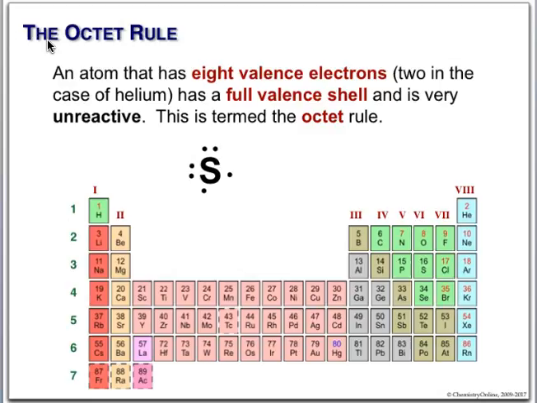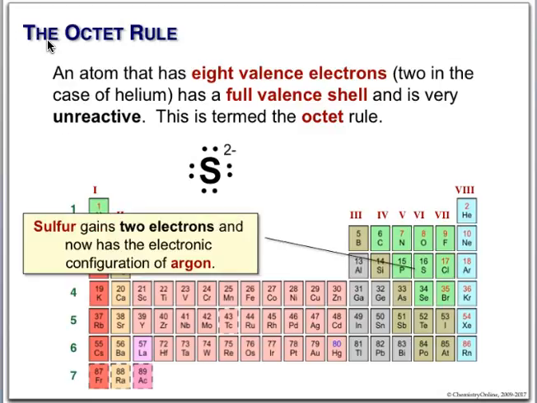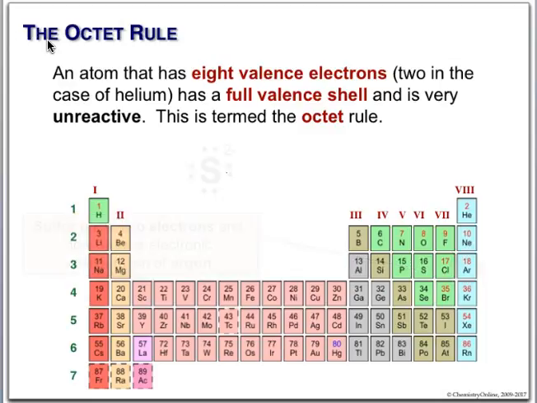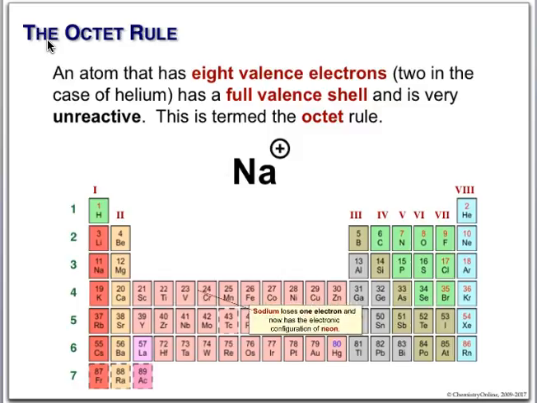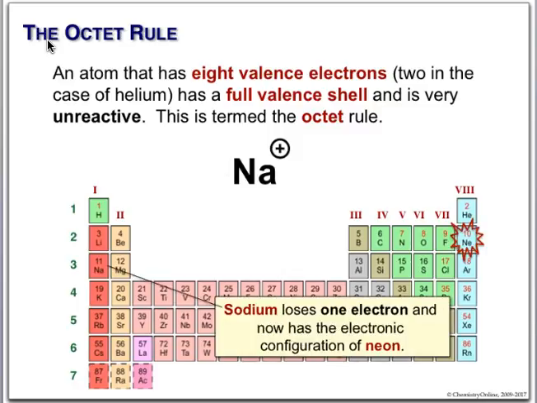Sulfur gained 2. It went from here, again, over to argon, 8 electrons. Sodium, we started off here. It lost the 1, so it went from here back up 1 level to neon.